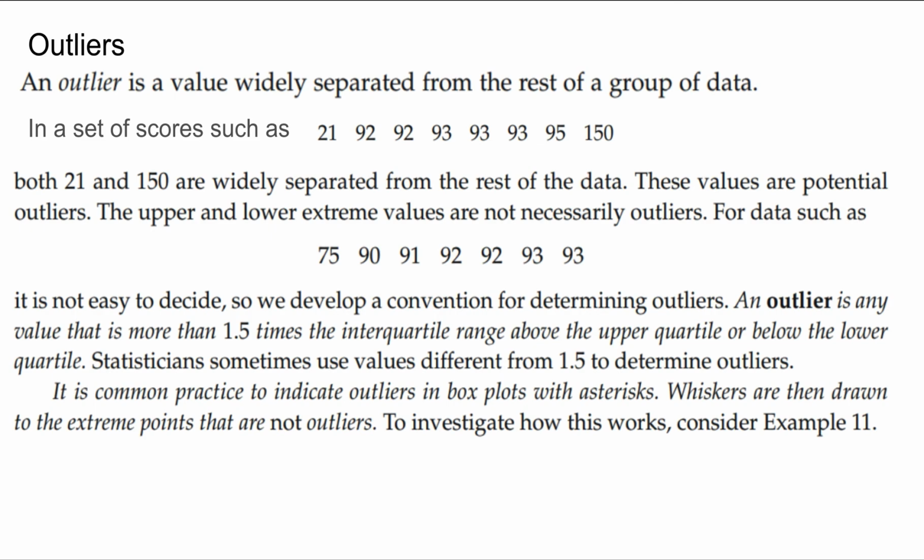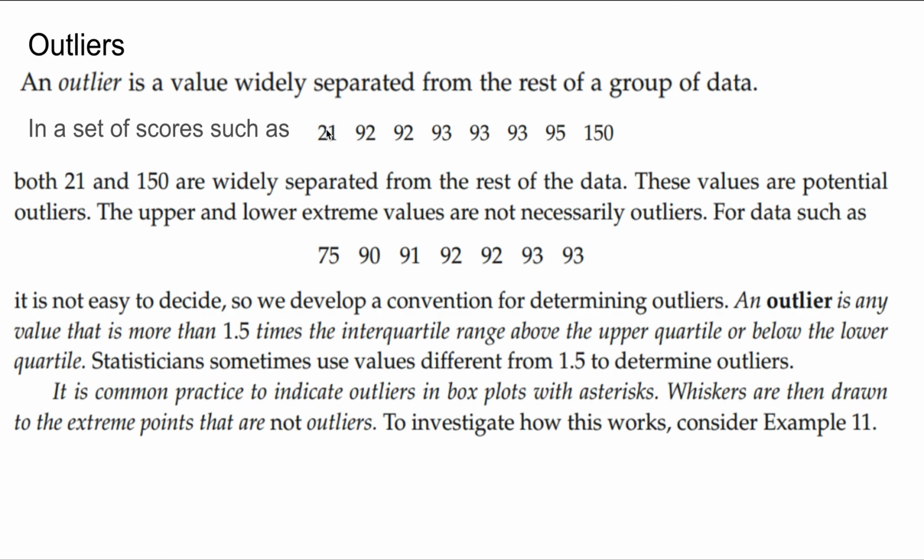Okay, but outliers, you already know what that means, right? An outlier is a value widely separated from the rest of the data. So in a set of scores such as 21, 92, 92, 93, 93, 93, 95, and 150, take a look at this. You can suspect some values very far away from the rest of it.